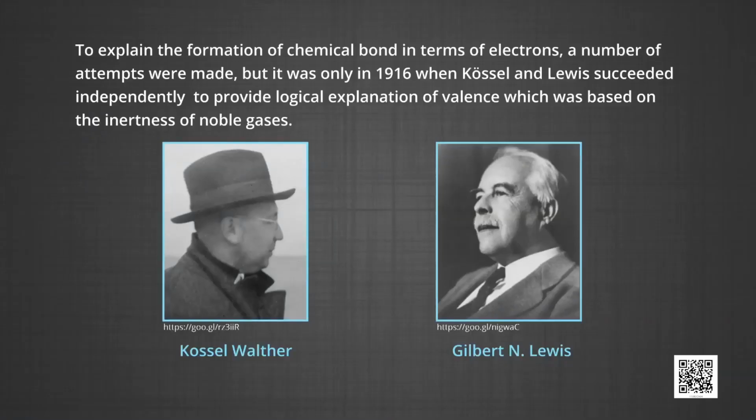To explain the formation of chemical bond in terms of electrons, a number of attempts were made, but it was only in 1916 that Kossel and Lewis independently succeeded in providing a logical explanation of valence, which was based on the inertness of the noble gases.